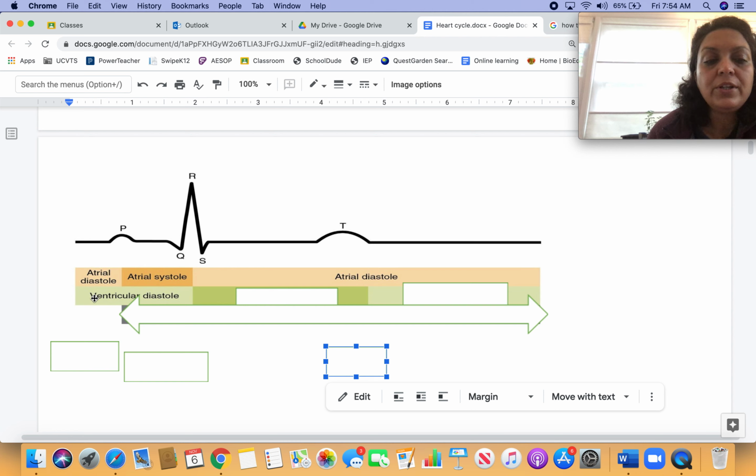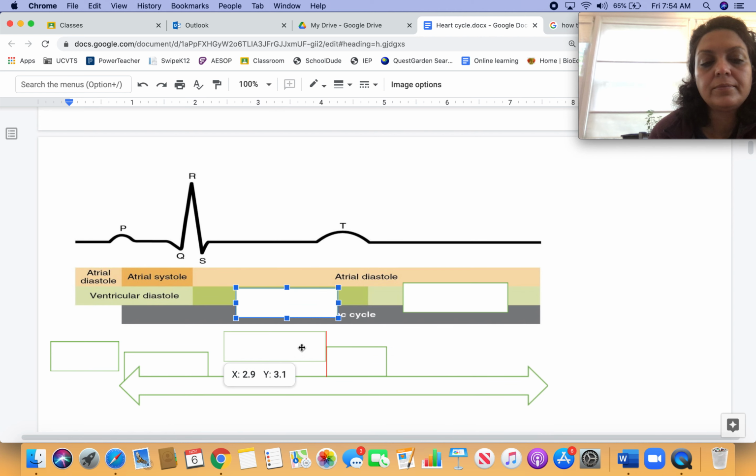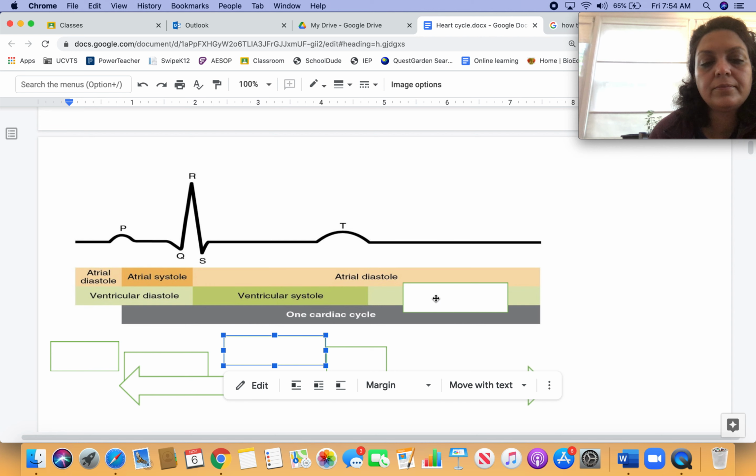Now you already know that up to the top of the peak R, it's the ventricular diastole. So naturally, after the R peak, it should be ventricular systole. Excellent if you got that.